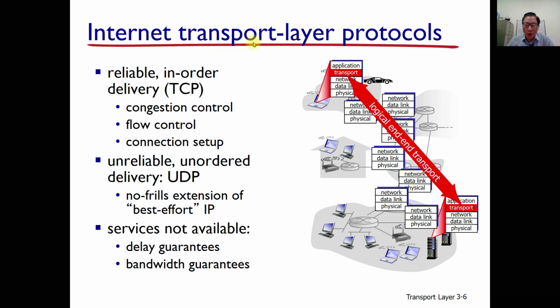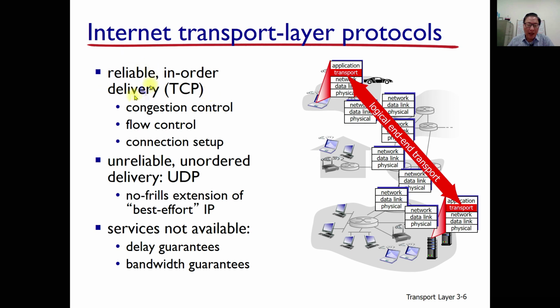Internet transport layer protocols, let's focus on this here. Among the five layers, we are focusing on the transport layer protocol here and here. They are communicating, and that is called logical end-to-end transport. This transport layer protocol provides reliable, in-order delivery. That is a characteristic of TCP.